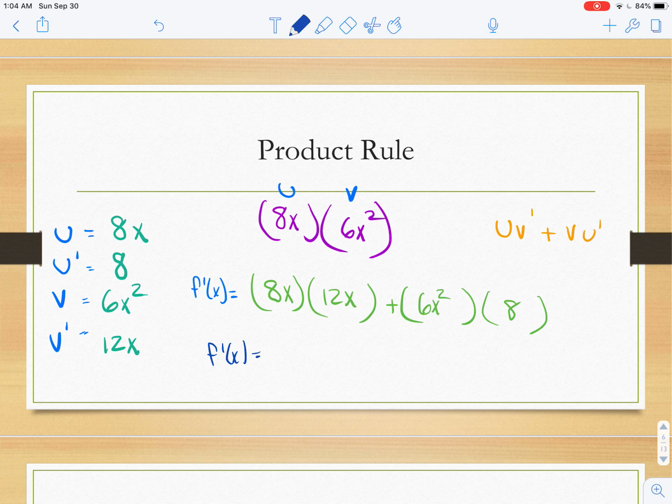Man, u and v always get me confused. All right, and over our denominator, which was v squared.